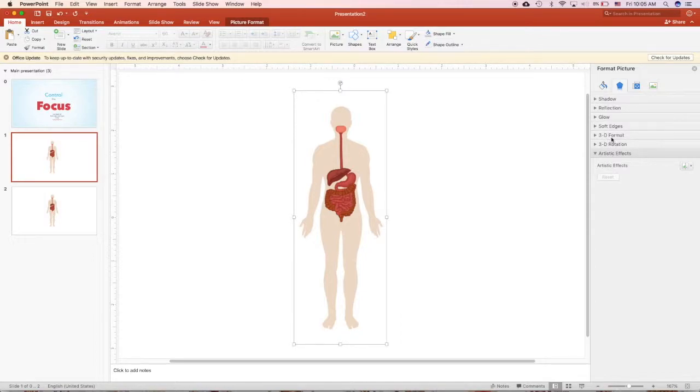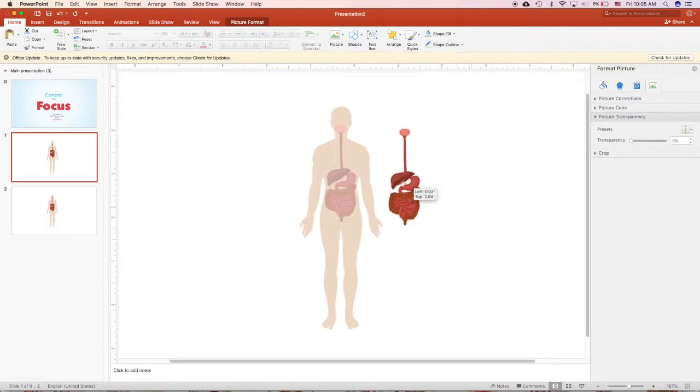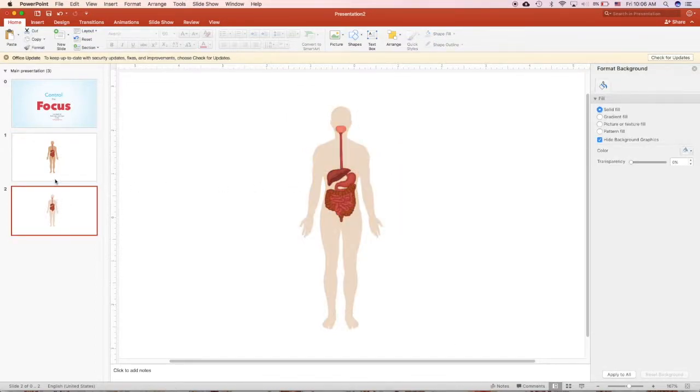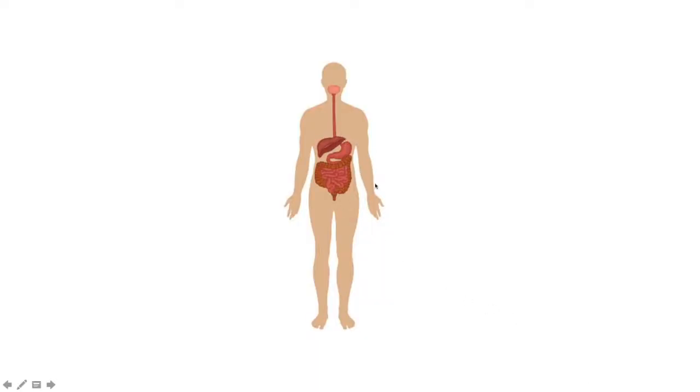I need to choose the original figure, go to the last tab and change the transparency. Change it back. And now I can delete this. And I will open it in full. And then now you can talk about this, and then the next slide will have more transparency so you can focus more on the digestive system.